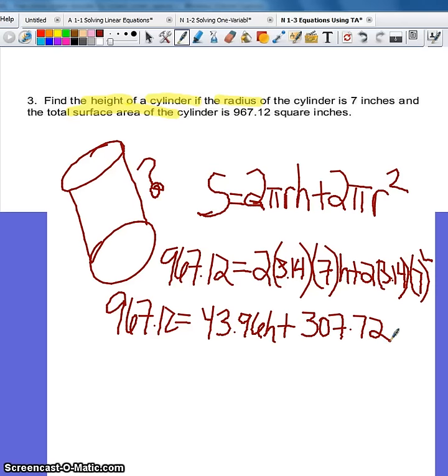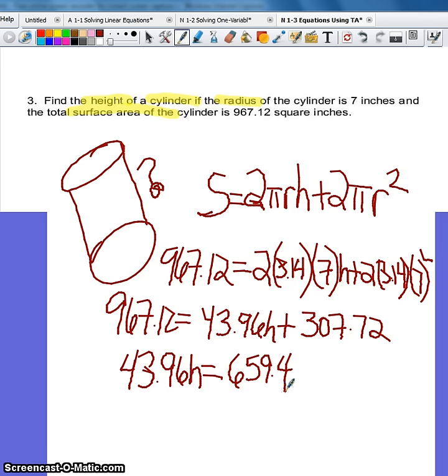So what do I have to do? Okay, yes, we can flip-flop them. I got to take 307.72 over, so I'm going to subtract that from my 967.12, and I'm going to get 43.96H equals, I just flipped sides, guys, 659.4.